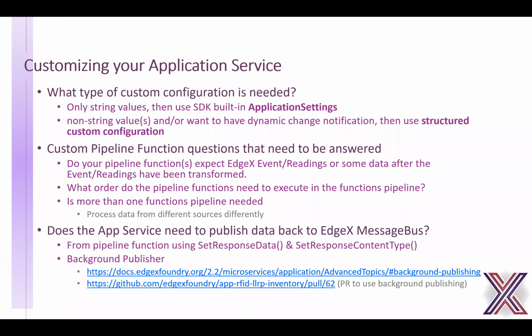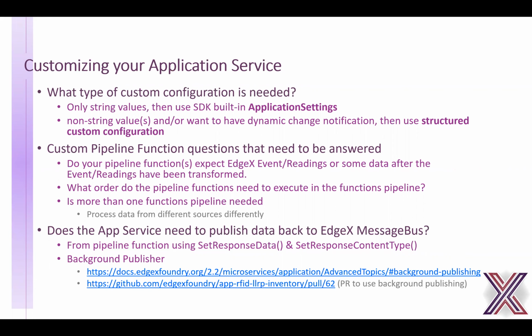The newer way is what we call structured custom configuration, which allows you to have typed values and structure to it. The application settings is just a list of key value pairs, where the structured custom configuration looks just like all the structure that's in the TOML file that the SDK provides.